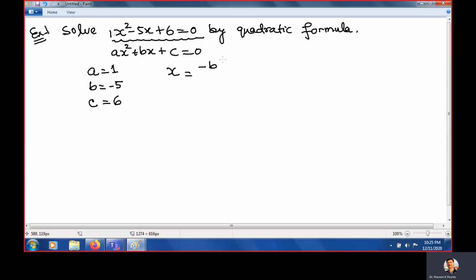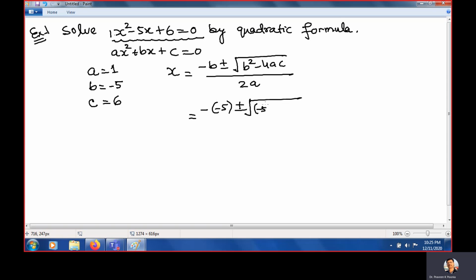x is equal to minus b plus minus square root of b power 2 minus 4ac upon 2a. Put all these values here. Minus b is minus 5, so minus bracket minus 5, plus minus square root of minus 5 power 2 minus 4 times a is 1 times c is 6, upon 2 into a is 1.